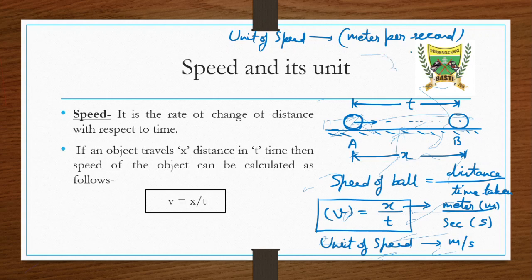We have taken meter per second, but in general we have seen that the object is moving with a speed of 50 kilometer per hour, or 80 kilometer per hour, or 30 kilometer per hour. So here we are not using meters and seconds, we are using kilometers and hours.